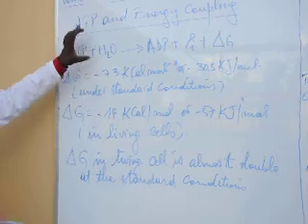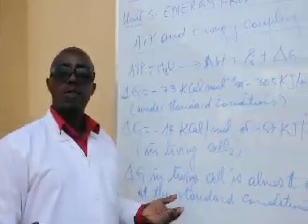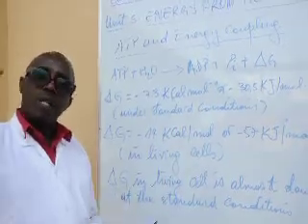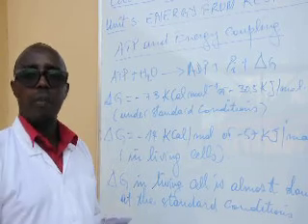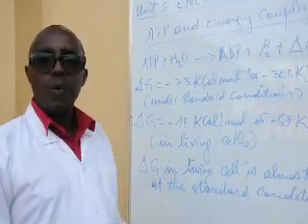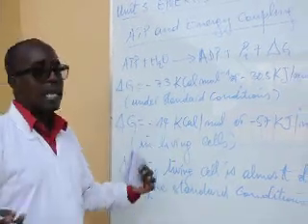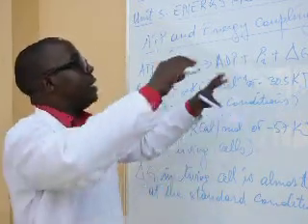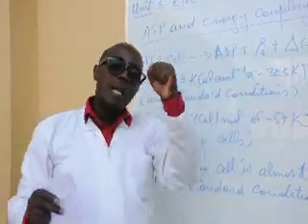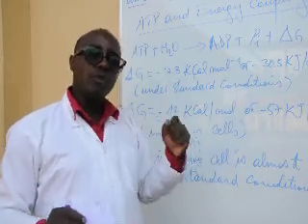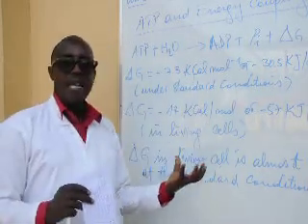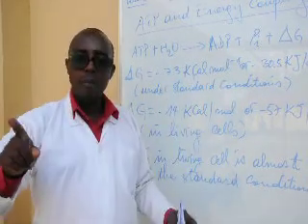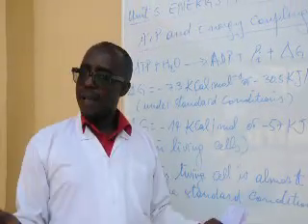Because ATP is not stable, it can break down easily. So a cell, in order to handle that problem, has developed a strategy called energy coupling. It stores energy inside it, and this strategy is used by the cell to maintain the energy contained in ATP, because ATP can dissociate spontaneously.